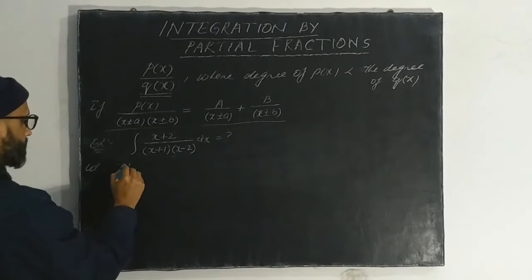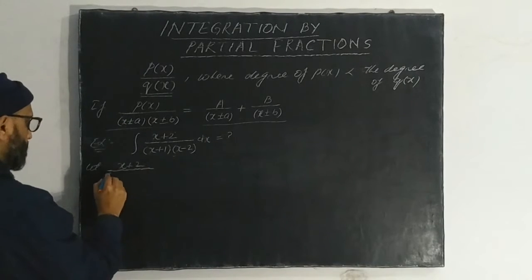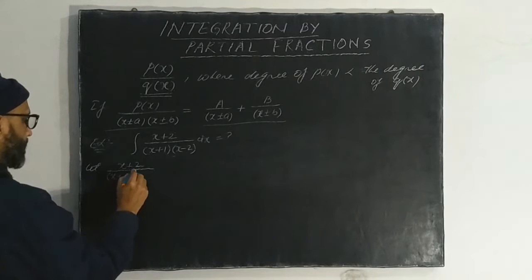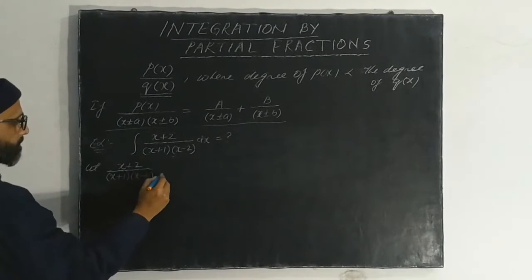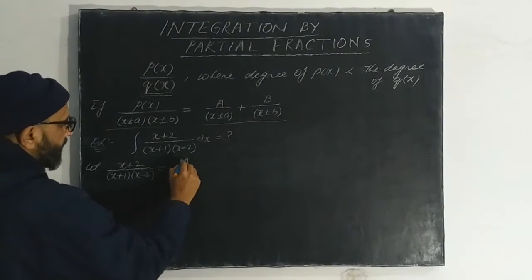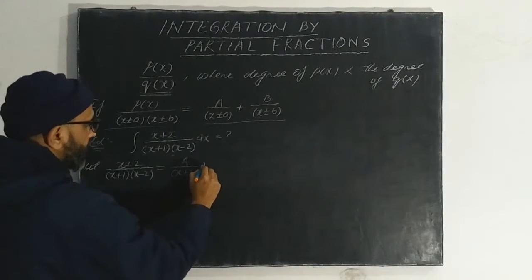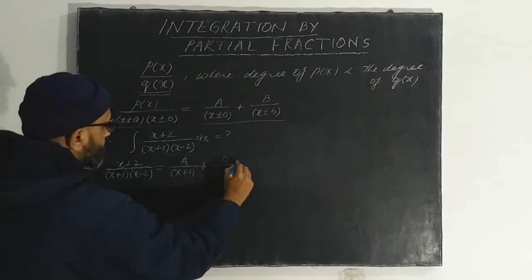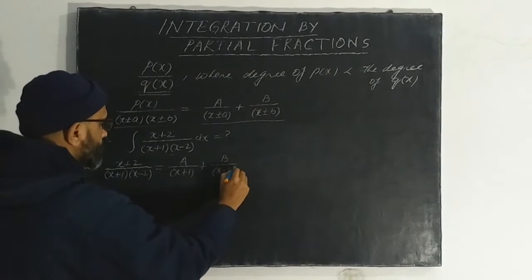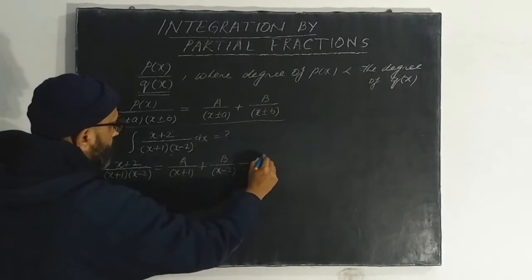Let (x plus 2) upon (x plus 1) into (x minus 2) be equal to A upon (x plus 1) plus B upon (x minus 2). Let it be equation number 1.